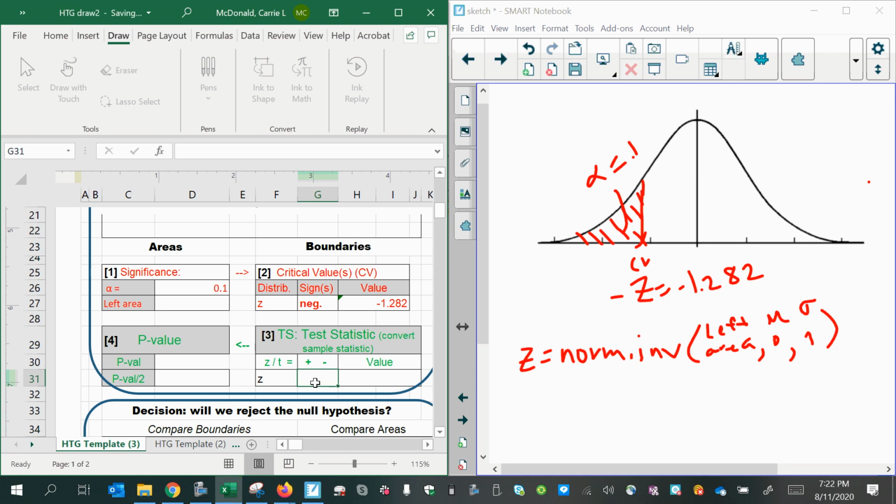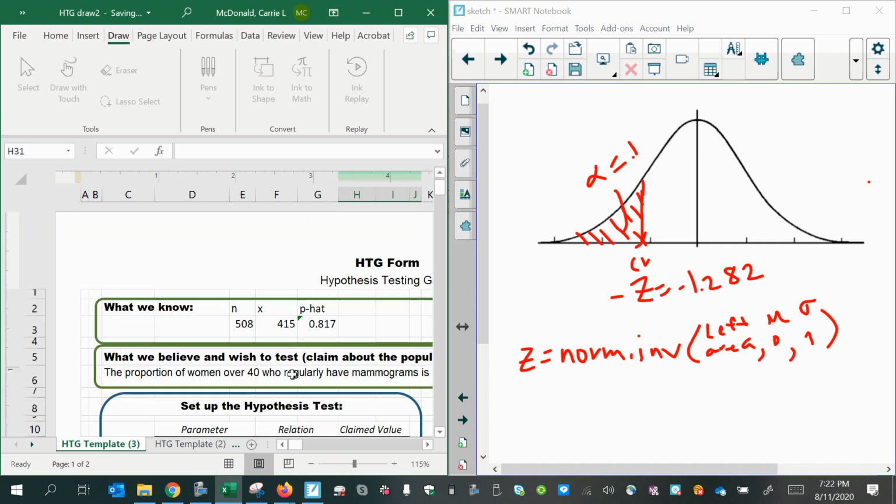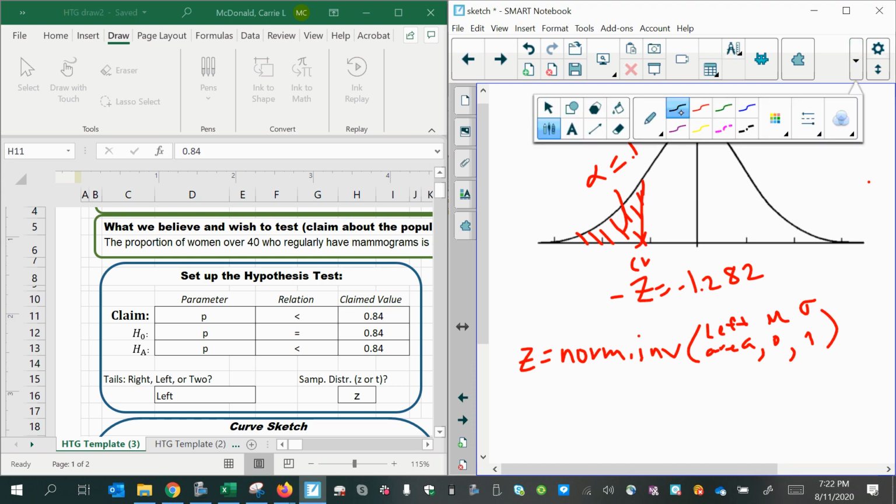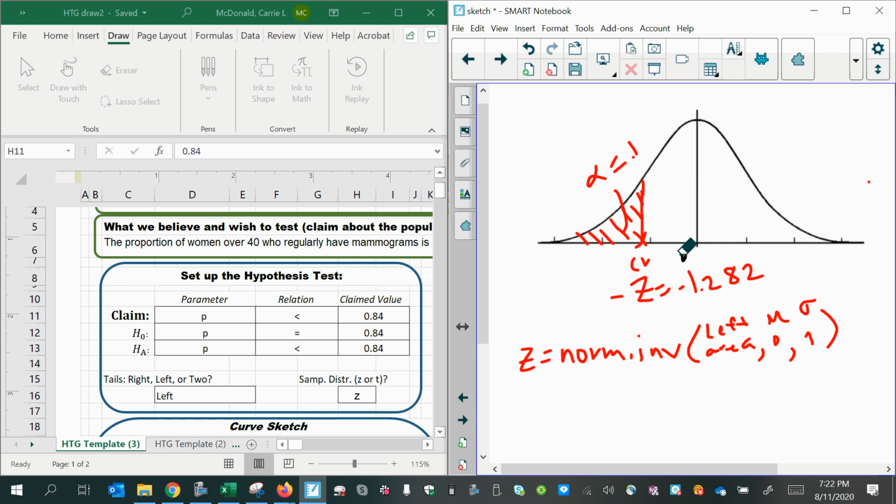So the z-score is going to be negative also because the sample proportion we were given, 0.817, is less than 0.84. So if on the graph we have 0.84 in the center, that would be my sample proportion.